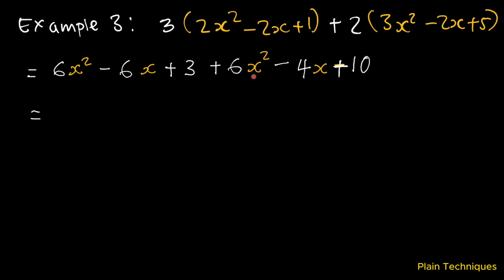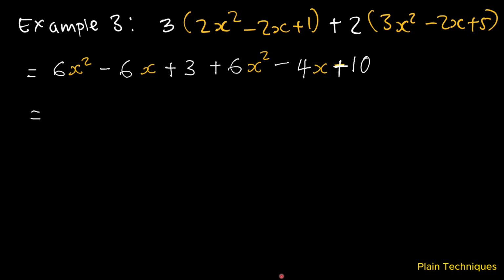Meaning this term and that term are like terms. Why? Because they have something in common, which is x squared and x squared. Therefore, when you group them, you just simply put them together.